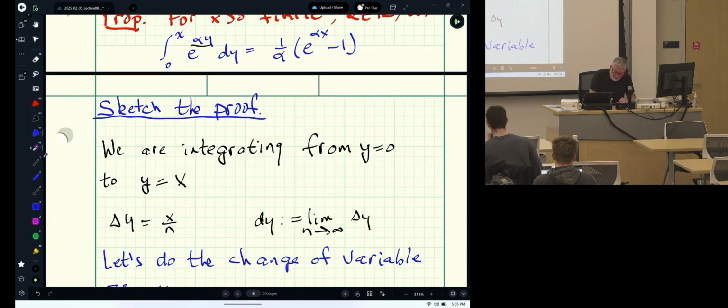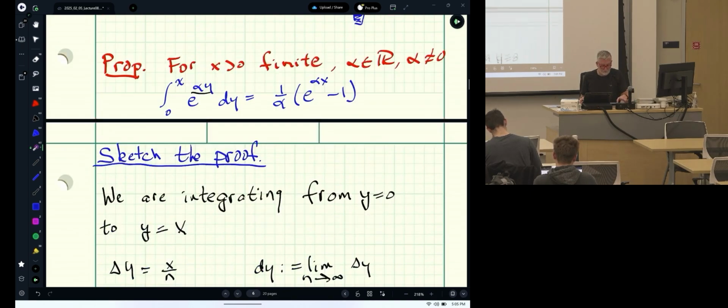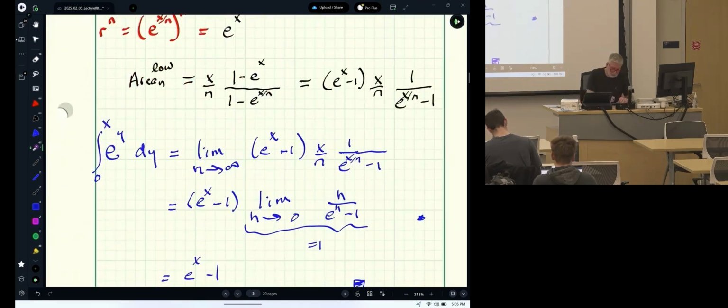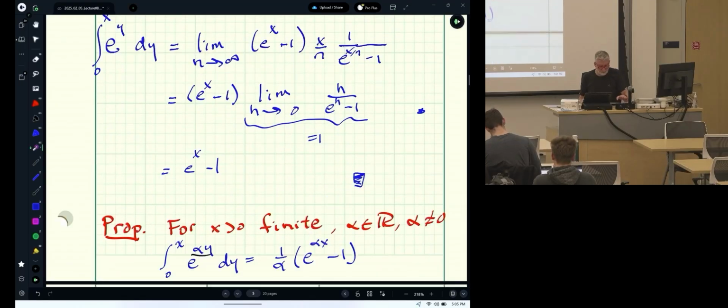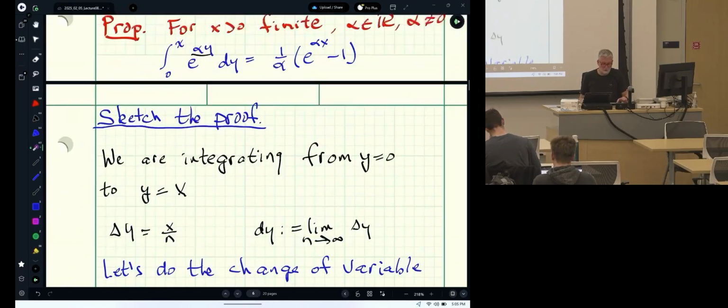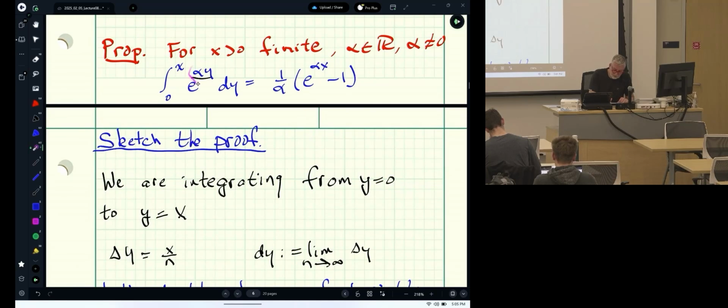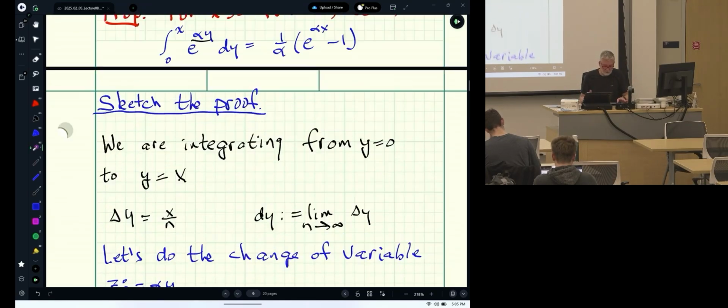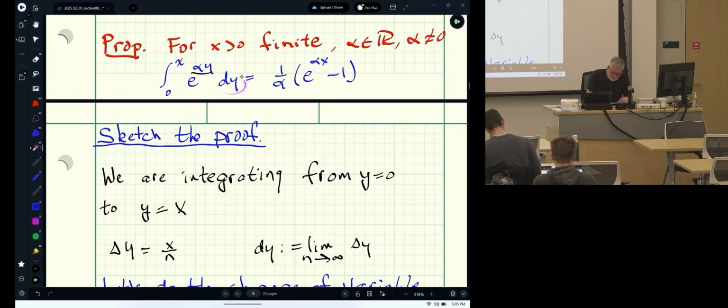Okay, so we're trying to simplify this back down to the same function we had before. We know how to integrate e to the y, so with the change of variable, the whole purpose is to reduce this to e to the z, but we need to figure out how these variables change.